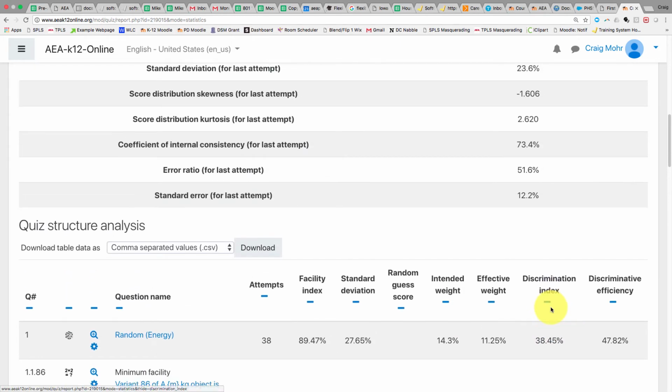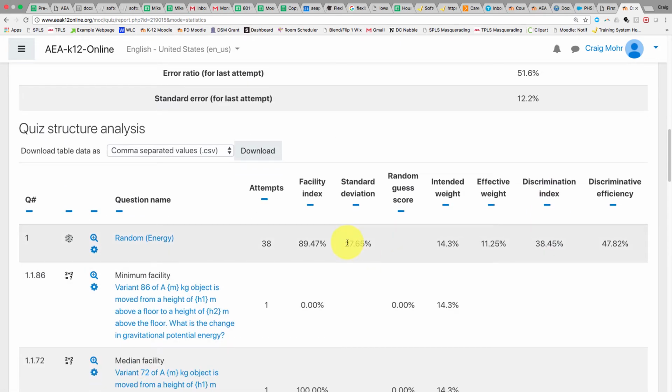Now, another thing you can look at is the standard deviation. And some combination of discrimination index and standard deviation is how you get the discriminative efficiency. But so this is telling us the distribution of answers. If you have a high discrimination index, it's a good question, and you have a low standard deviation, that's an even better question because most people are answering it the same way, and it's determining if they understand it or they don't.